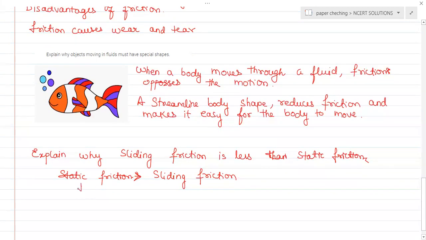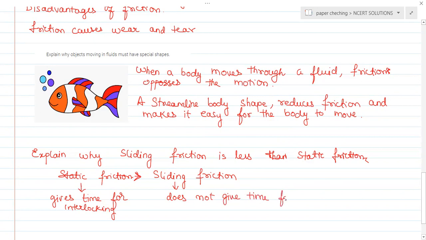Static friction gives time for interlocking between two surfaces, and sliding friction does not give time for interlocking.